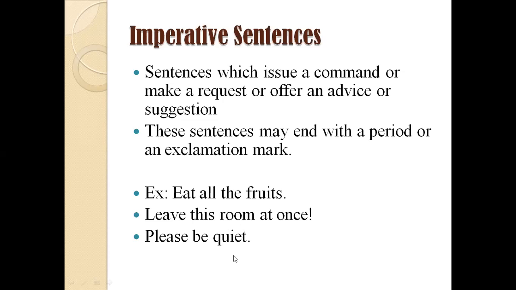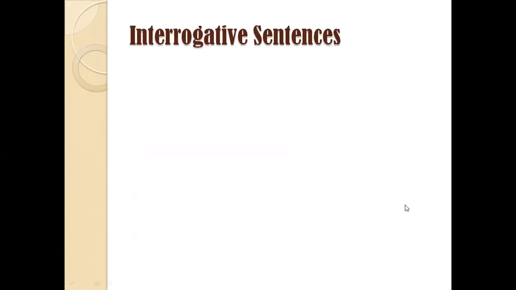Next, please be quiet. So somebody is requesting you to be quiet. So such sentences which express a command or a request or an advice or suggestion are known as imperative sentences. Clear?